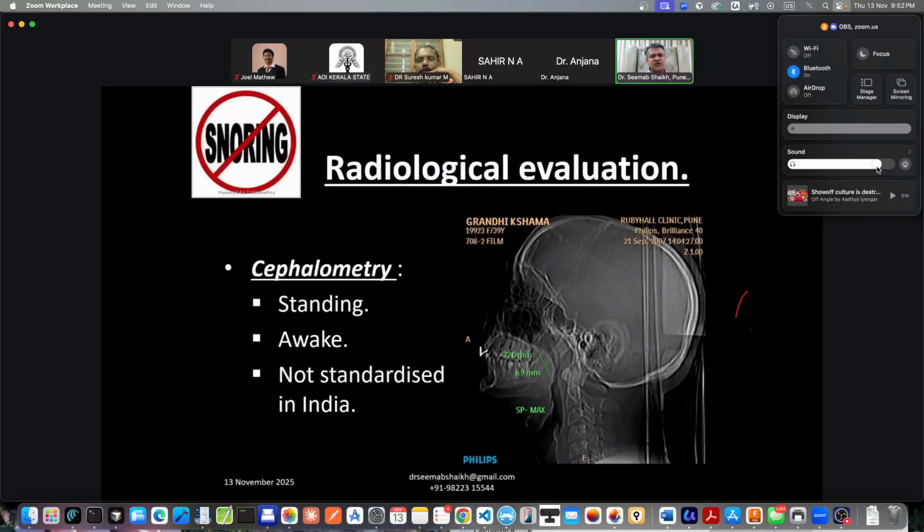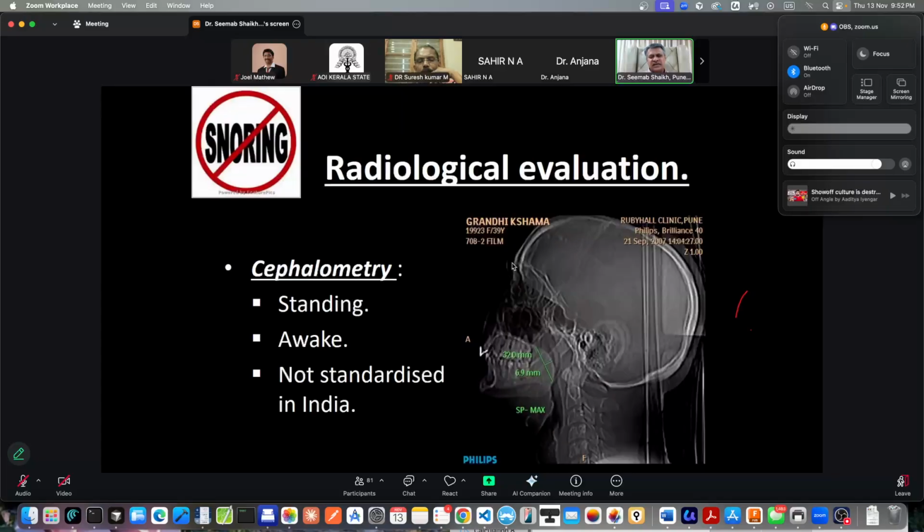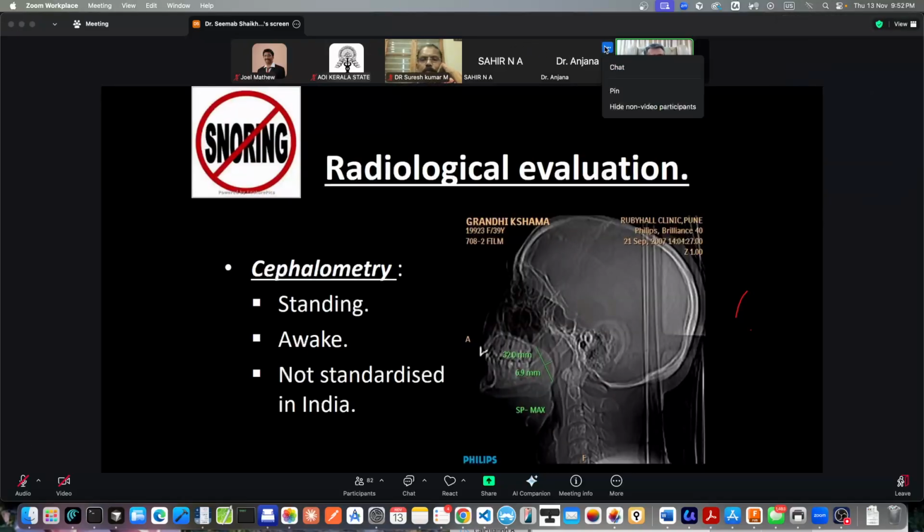So it is now restricted only to the dental and the maxillofacial colleagues who want to find out what are the bony measurements and how much is the bony airway. We don't resort to cephalometry as ENT surgeons at all.